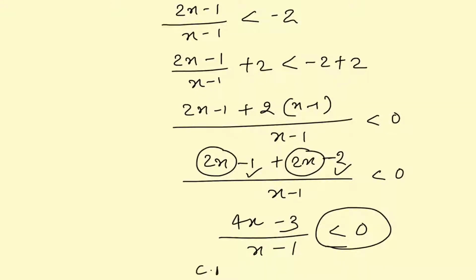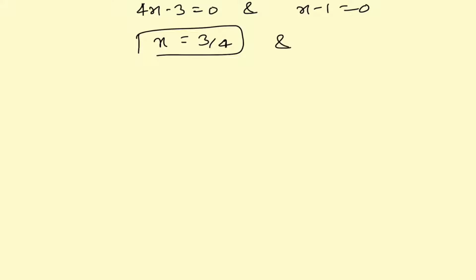Here we will talk about critical points. The critical point is where 4x minus 3 is equal to 0 and x minus 1 is equal to 0, that is x equal to 3 by 4 and x equal to 1.